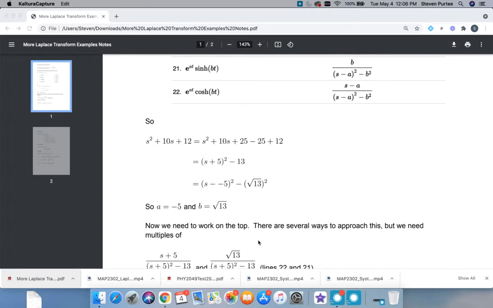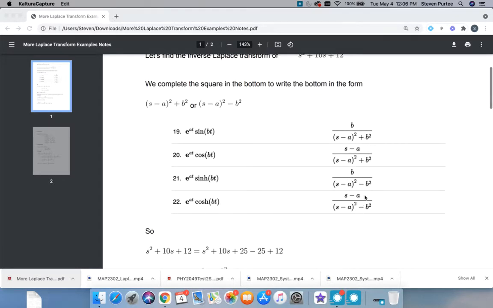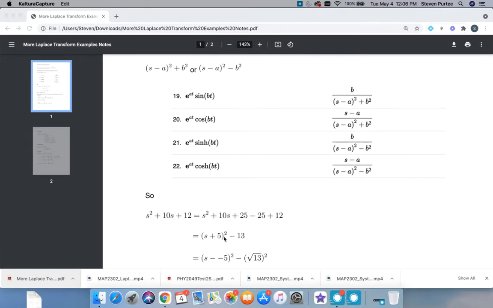Okay, now we got to do some work. Because I'm supposed to have either s minus a, I need, in this case, an s plus 5. The same thing I have right here on top. I either need an s plus 5 on top, or I just need b on top, root 13.